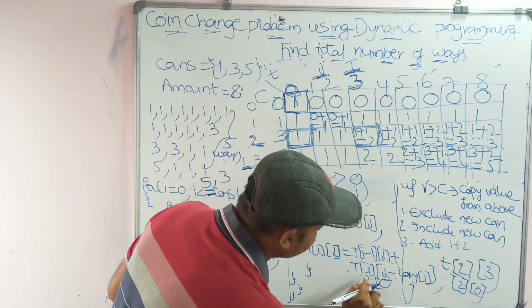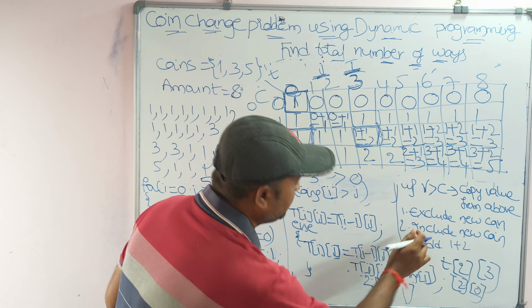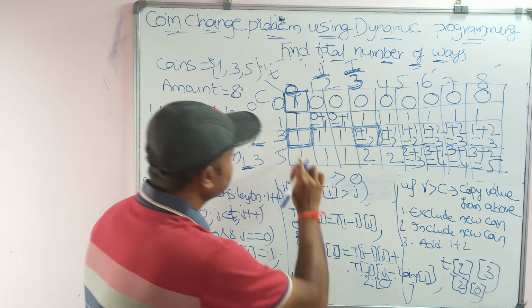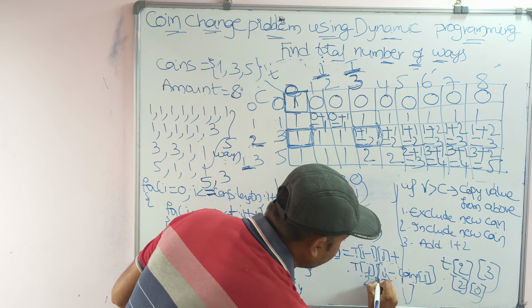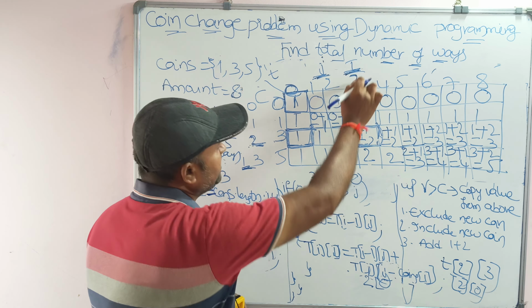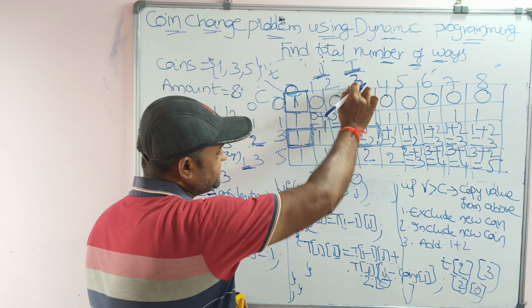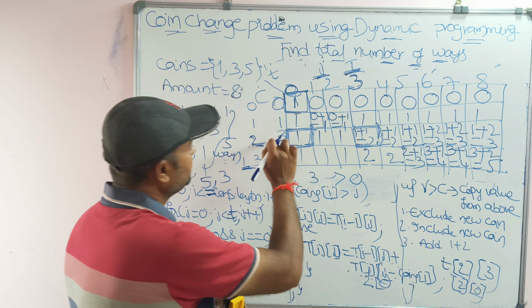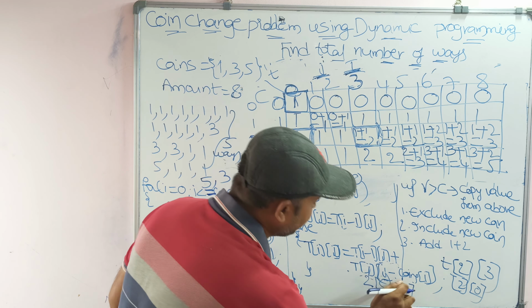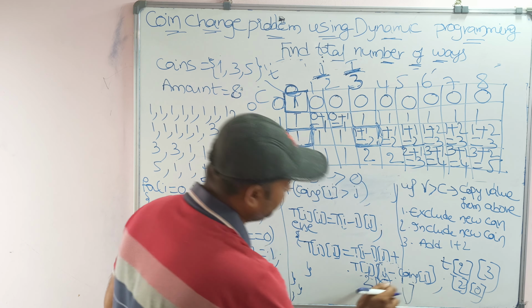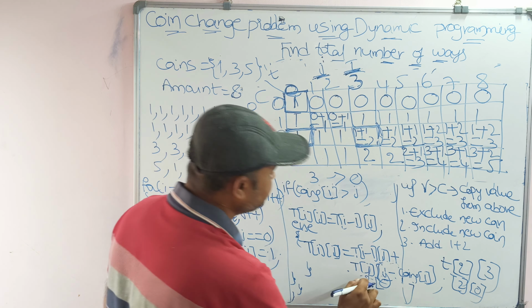So for including the new coin, i value is same only. Same row. But here let us see the second subscript, j minus. So this j value means this 3. So 3 minus, here we need this coin's number. So coins[i]. So j minus coins[i]. So what is i value?